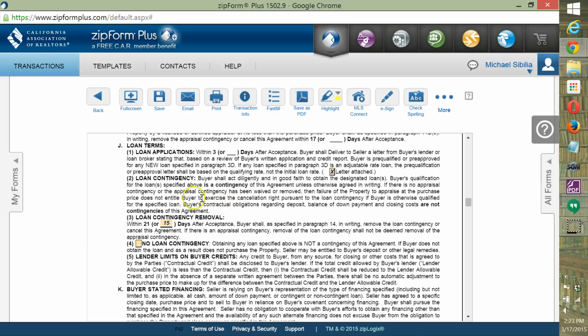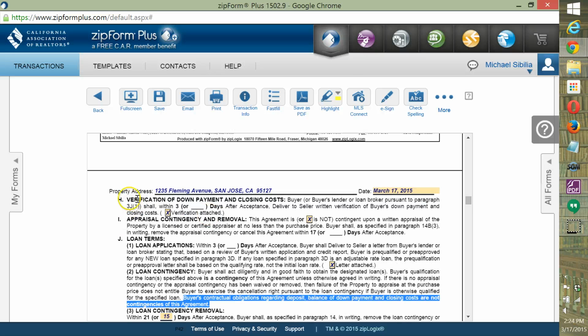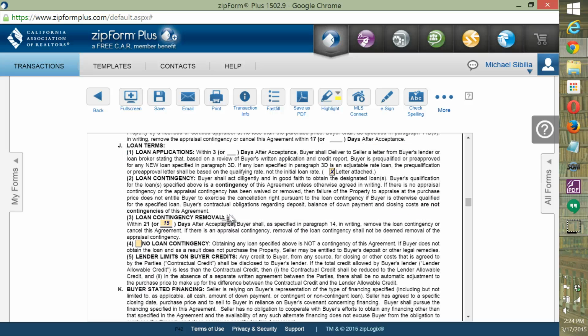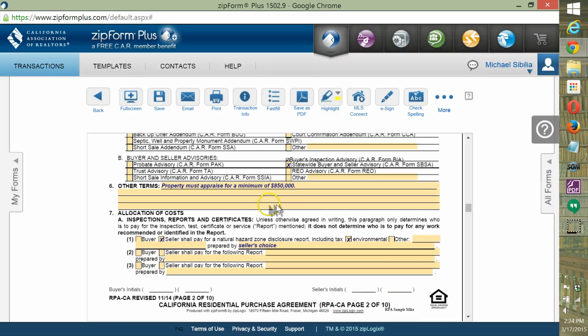But if you look at that buyer, you understand having the money to close is not a contingency. You verified that you have the money in closing costs up here, right? So at this point, you've warranted that you have the money to close. It's not a contingency. If appraisal is not a contingency, if you don't have the money, you've breached the contract, you could lose your deposit.